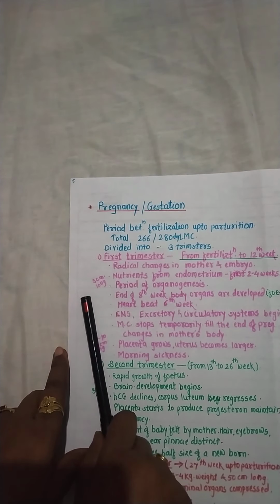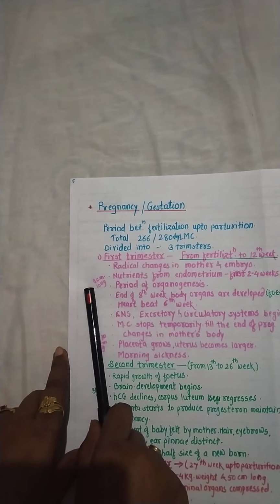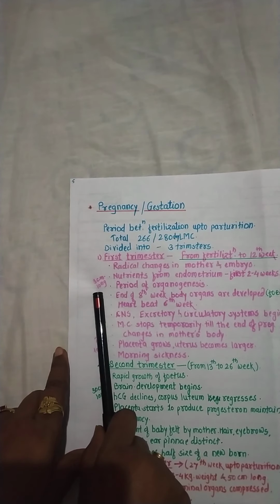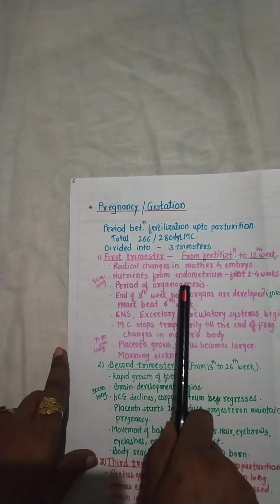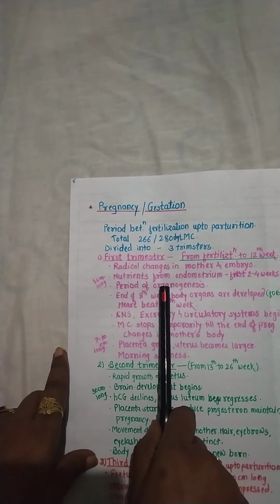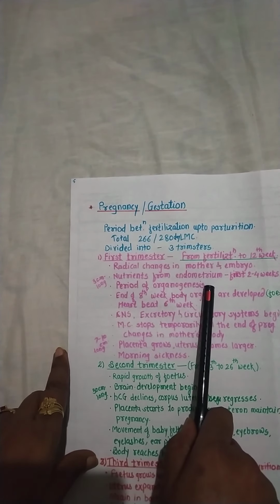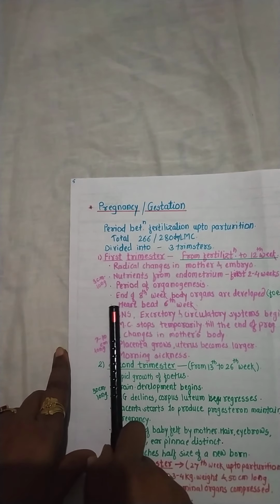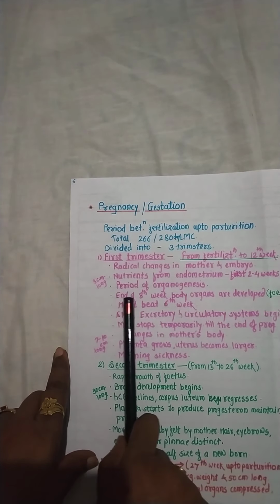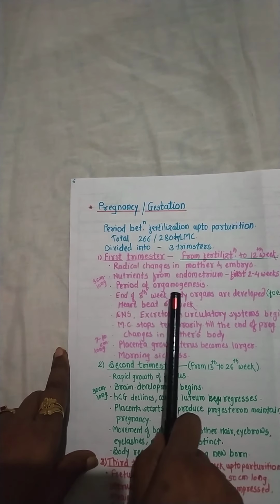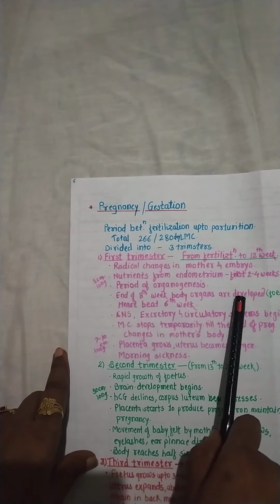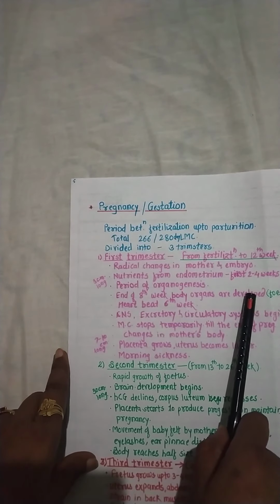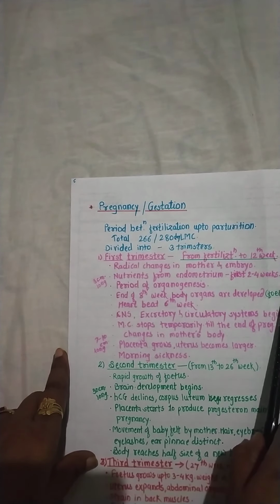During that period, the embryo becomes 3 cm long. It is the period of organogenesis, that means organs start to form and develop. Then at the end of the 8th week, body organs are developed and the embryo is known as the fetus.